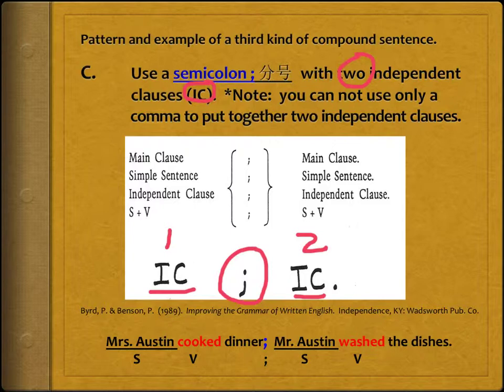Look at the example down below. Mrs. Austin cooked dinner, semicolon, Mr. Austin washed the dishes. I just want you to notice again, we can never do this, an independent clause, comma, independent clause. That does not work. It needs a stronger glue, it needs the semicolon. This pattern is not used very frequently, and I don't recommend you use it at all.